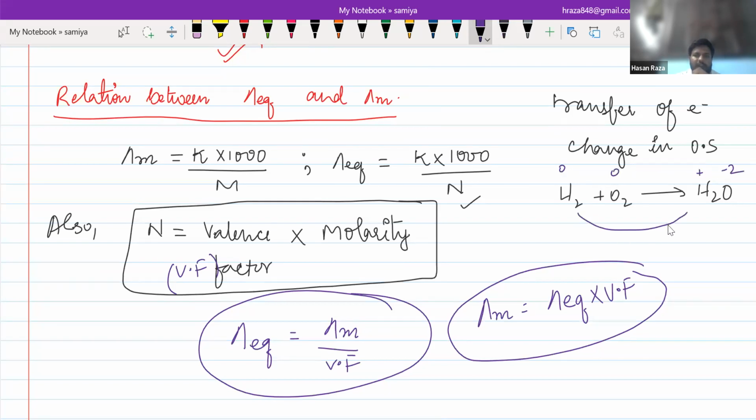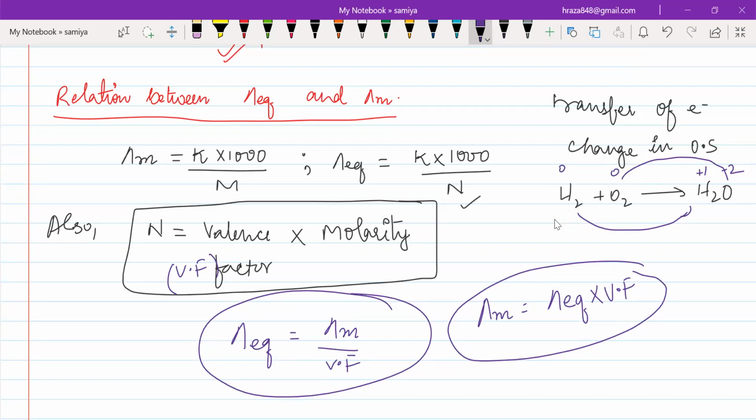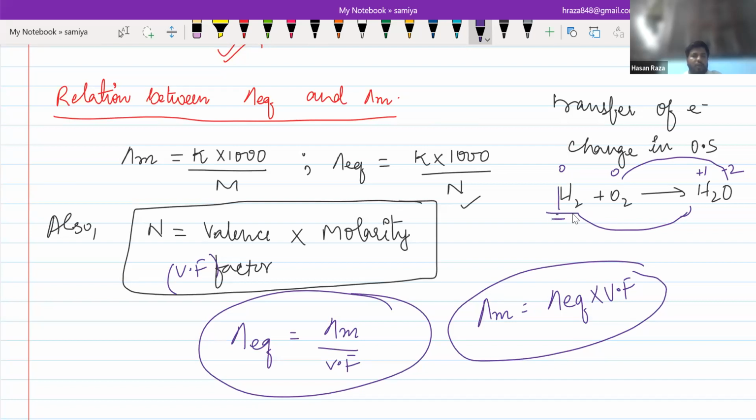So the valence factor for hydrogen, 0 to 1, the change will be 1. And for oxygen, it will be 0 to minus 2, the change will be 2. Are you getting my point? Yes, sir. But here you can see there are 2 hydrogen. So the total change will be 2. I am talking about the plus 1 for 1. So for 2, it will be 2 or not.